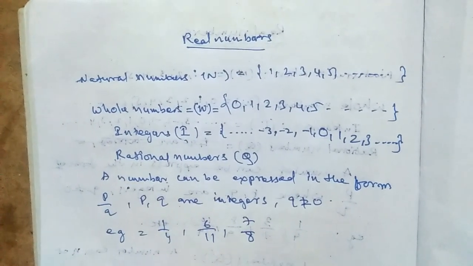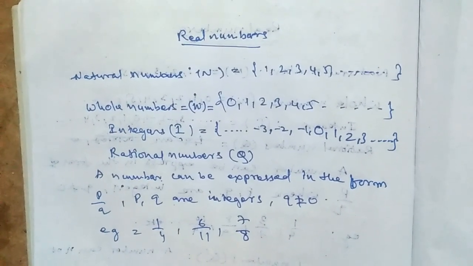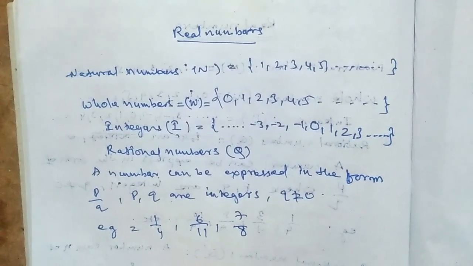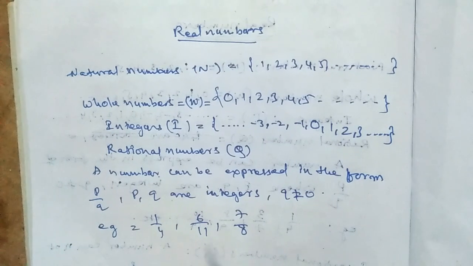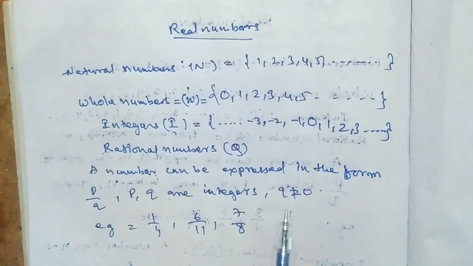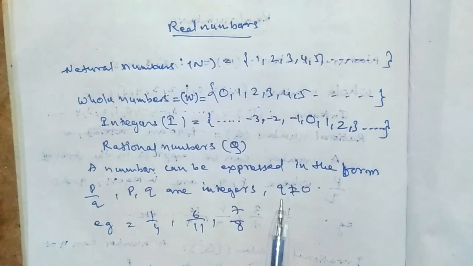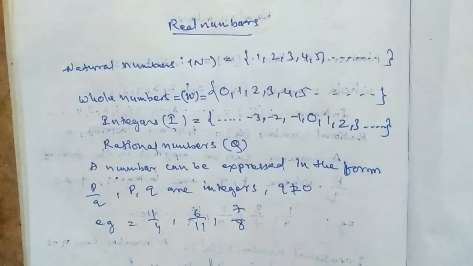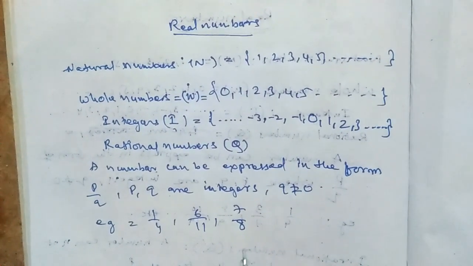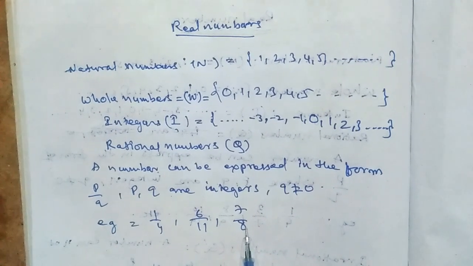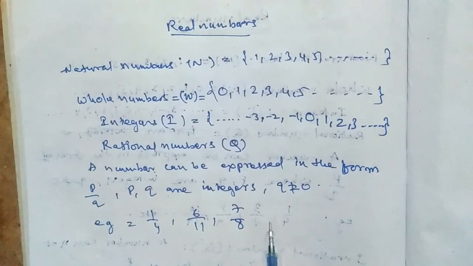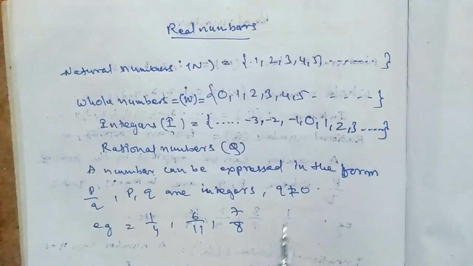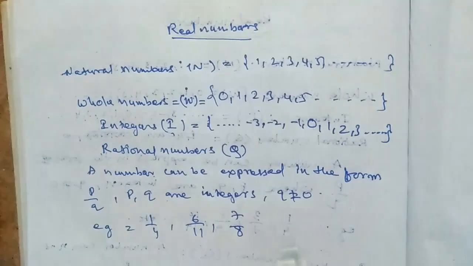Both are integers, q does not equal 0, so it is called a rational number. 6 is also an integer, 11 is also an integer, and 11 does not equal 0, so it is also a rational number. 7 by 8 is a rational number. 7 and 8 are integers, 8 does not equal 0, so it is a rational number.